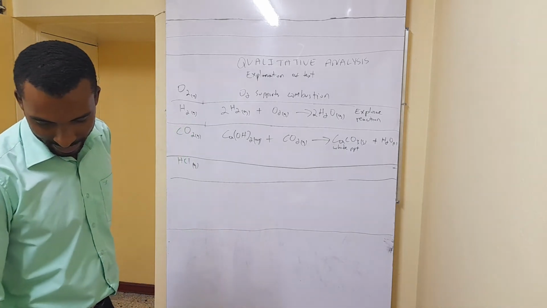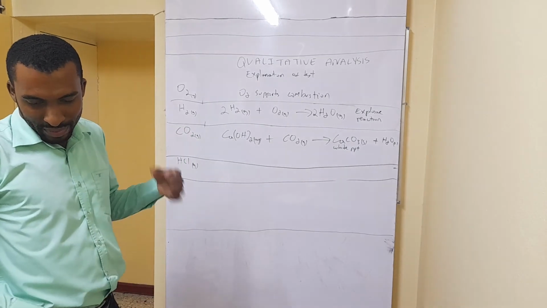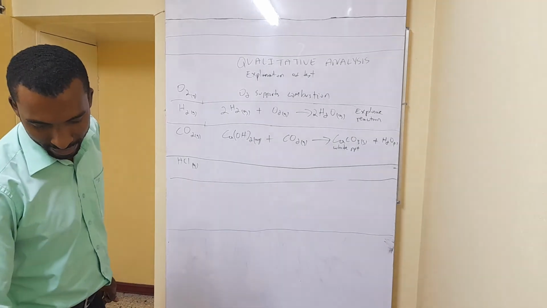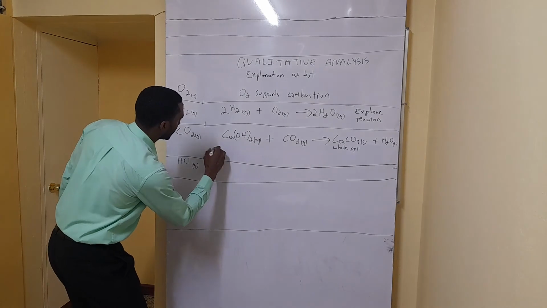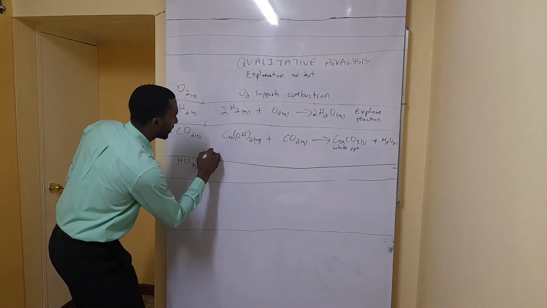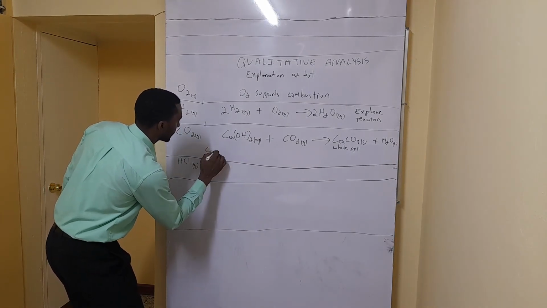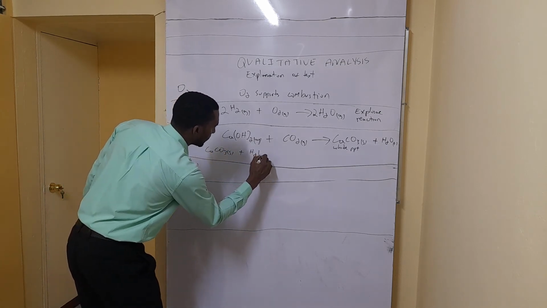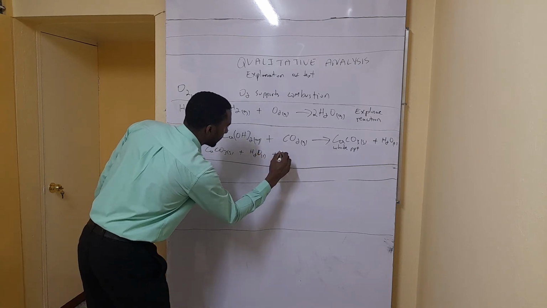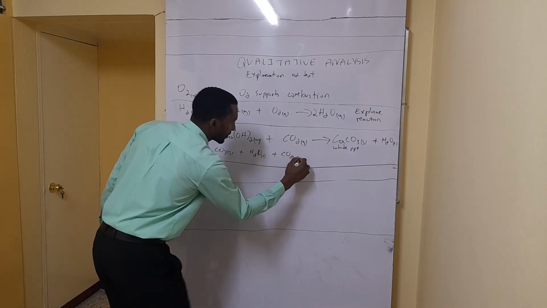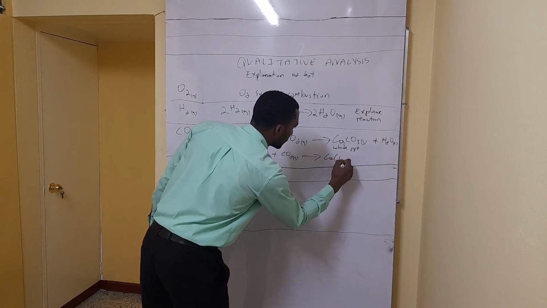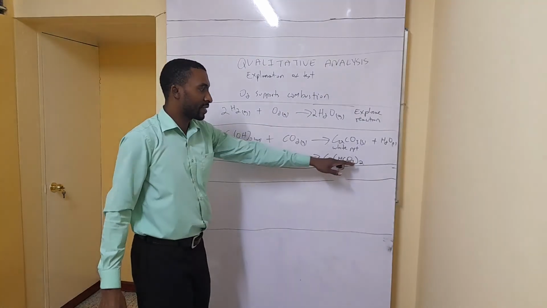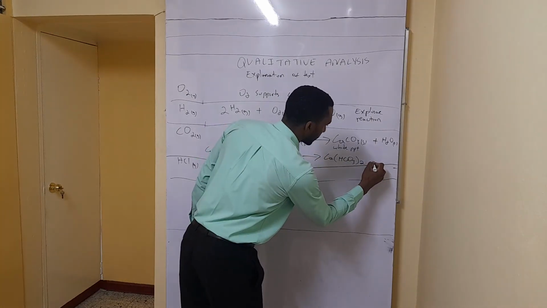If we continue to bubble the carbon dioxide gas, it can dissolve the calcium carbonate: calcium carbonate plus H2O liquid plus CO2 gas produce calcium hydrogen carbonate, which is soluble, aq.